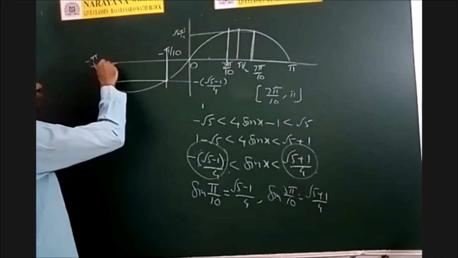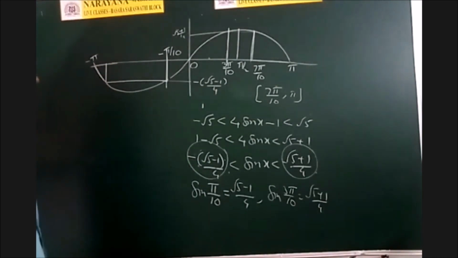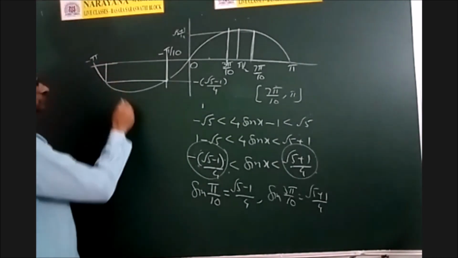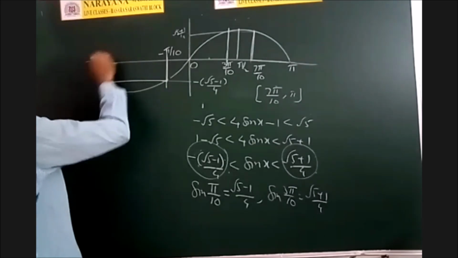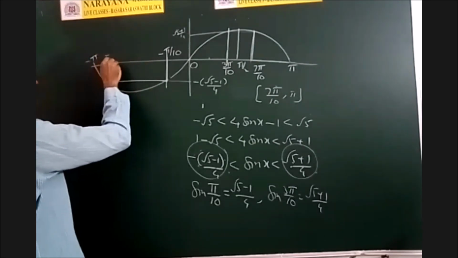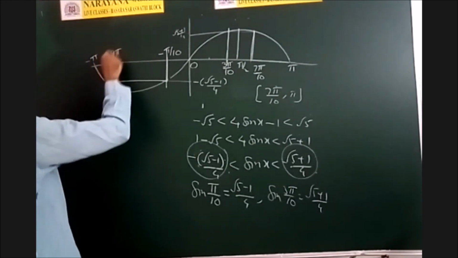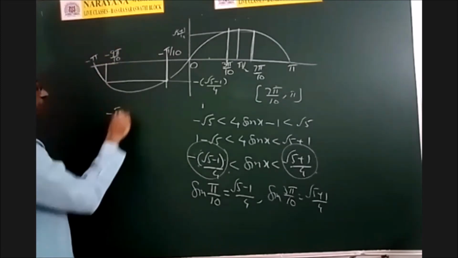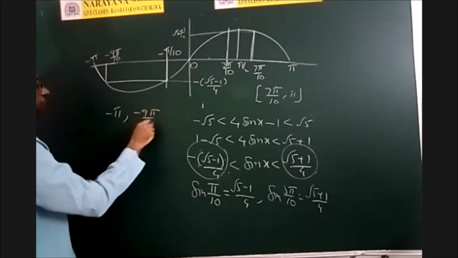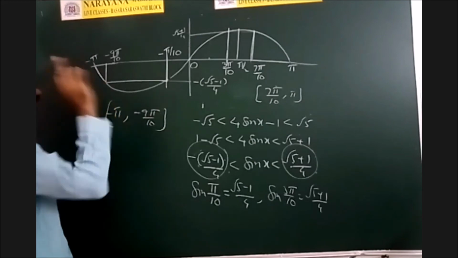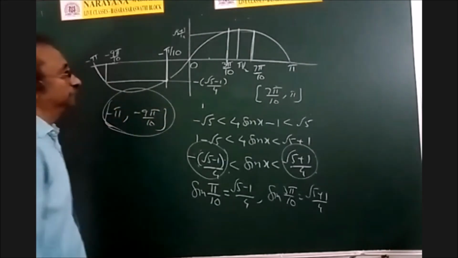Similarly, what is this value? Minus pi to minus 9 pi by 10. What is this? Minus 9 pi by 10, plus pi by 10. So minus pi to minus 9 pi by 10. So actually, this is okay.